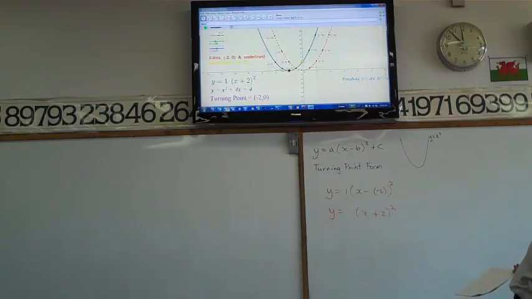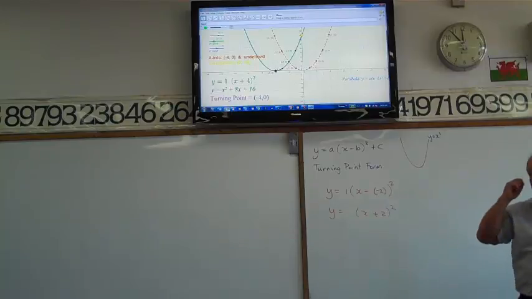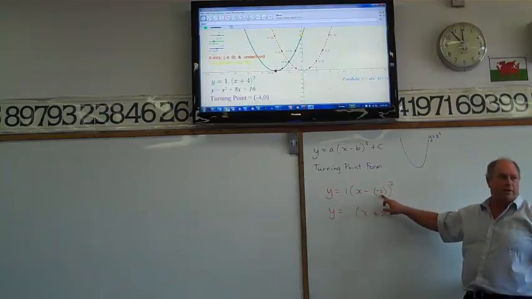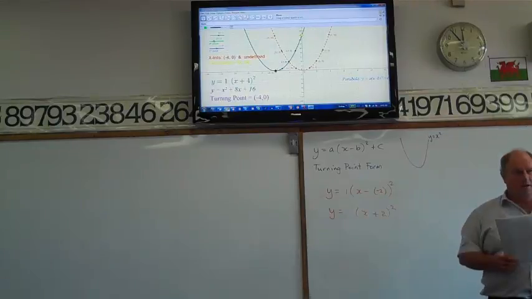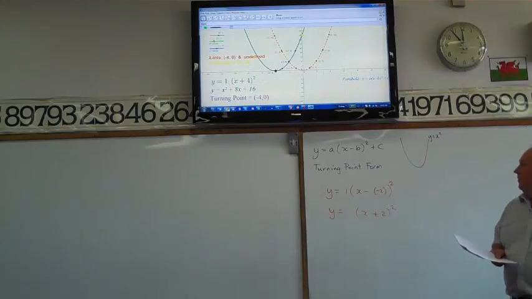The next thing we want to make it +4, so the b value is actually going to be -4. Does that make sense? If I put -4 in here, that'll make +4, because minus and minus makes a plus. So this is the graph of x plus 4 all squared. You won't be able to plot all the points.